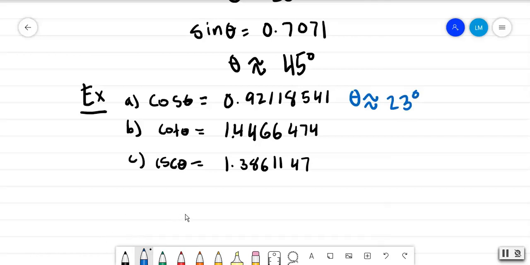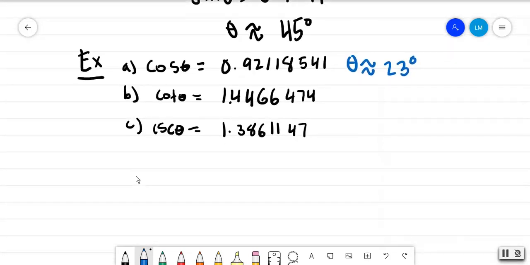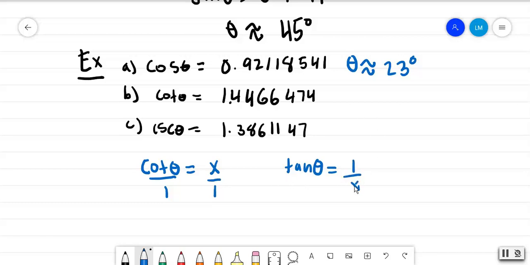Now, notice that you have cotangent. Okay, so this is kind of weird, and I'm going to have to write it down over here. So you have cotangent theta, let's say it's equal to x, for instance. Well, the thing that you do know is that tangent of theta would have to be equal to the reciprocal of this, because the reciprocal function is 1 over tangent, so by that process you can just flip it as 1 over x.